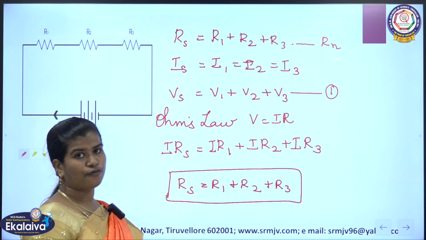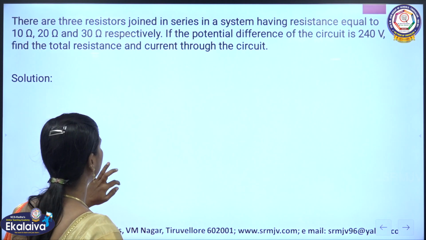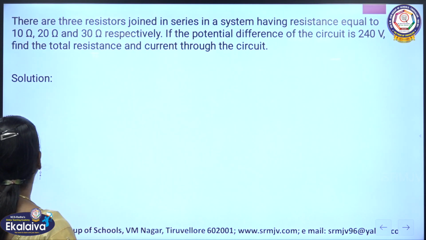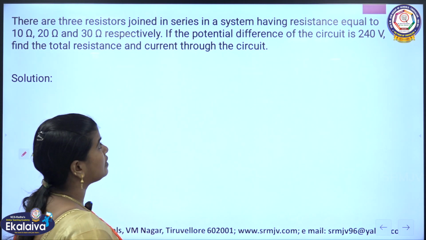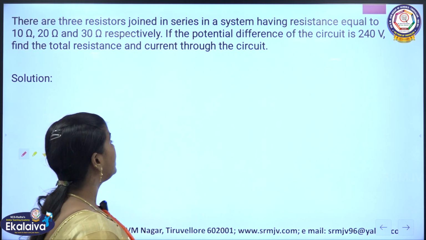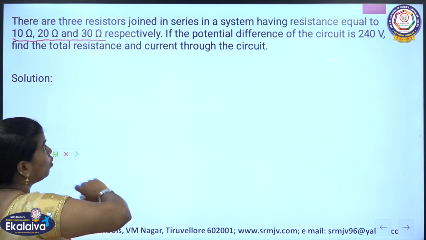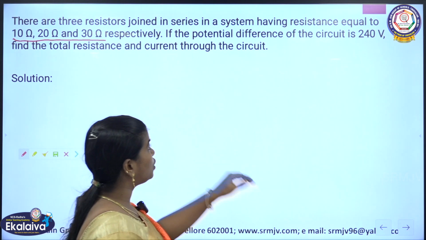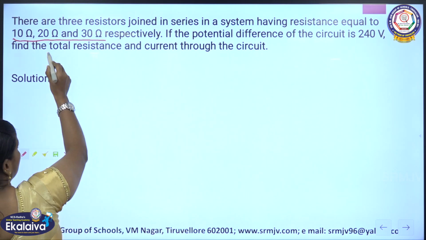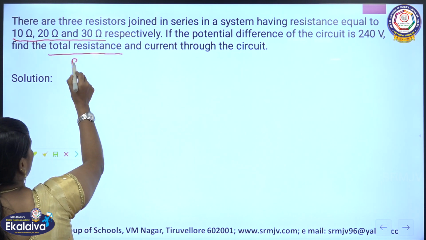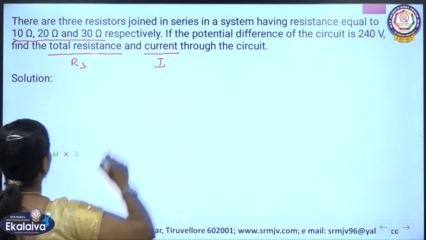By using this formula, let us do a problem. Look at this question. There are 3 resistors joined in series in a system having resistance equal to 10 ohm, 20 ohm and 30 ohm respectively. If the potential difference of the circuit is 240 volt, find the total resistance and as well as the current.